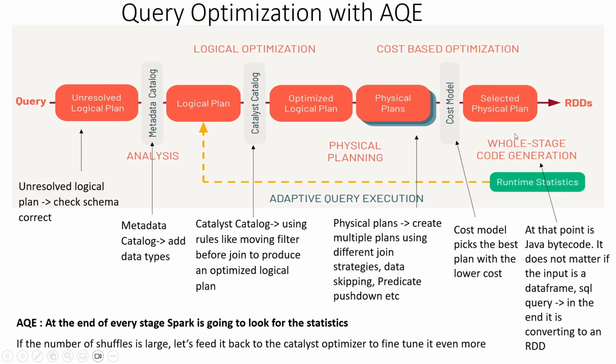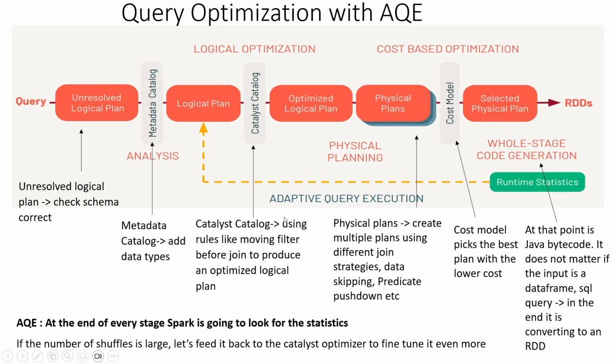And then at this point, after the cost-based optimization, we get the selected physical plan, which is in Java bytecode. It does not matter if the input is a data frame or an SQL query. In the end, everything is converted into an RDD.